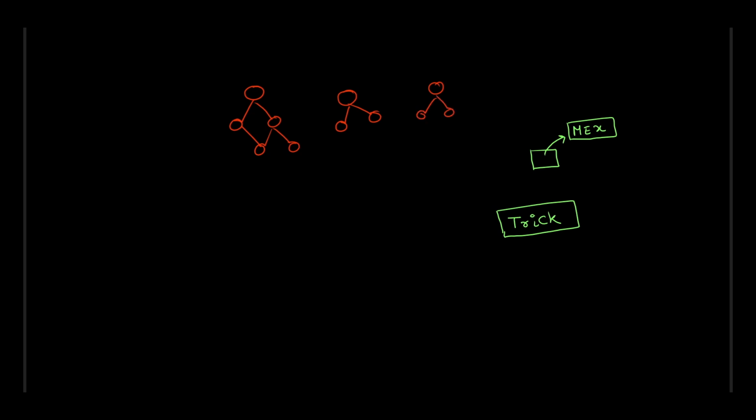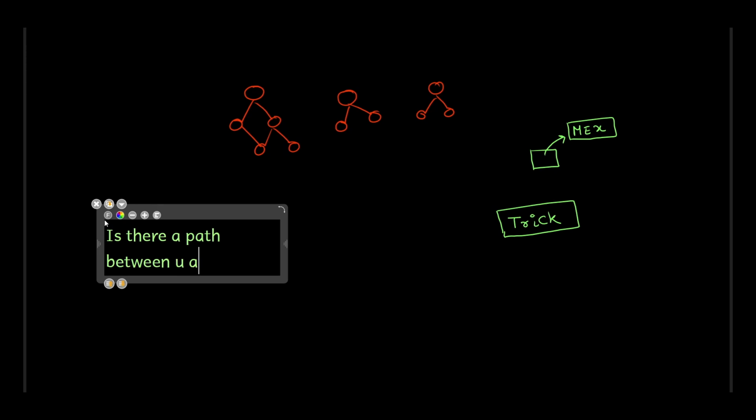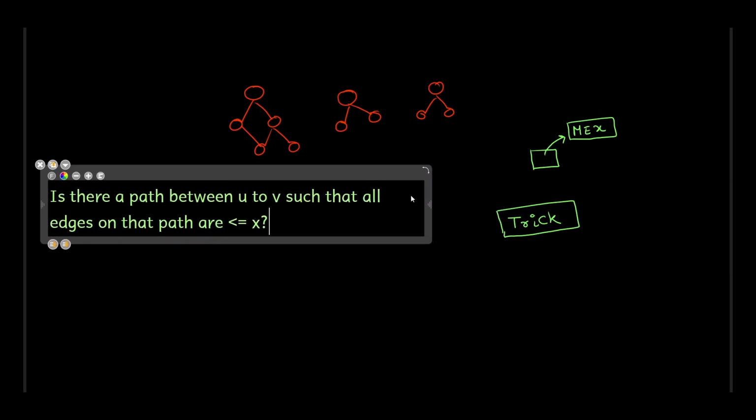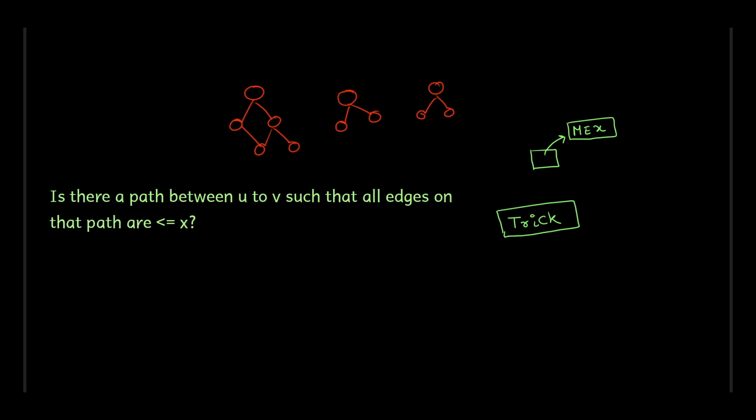So this time I want to ask you a very simple question, which is, given a graph, is there a path between u and v such that all edges on that path are less than or equal to x? I want to ask this simple question. Now, some of you might know that this is a very standard trick, but for some of you, it might be completely new. So that's why I'm describing this problem first.